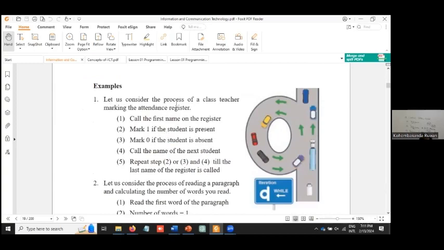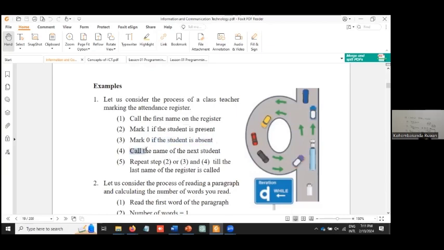Let us consider the process of a class teacher marking the attendance register. Step 1, call the first name on the register. Second, mark 1 if the student is present. Third, mark 0 if the student is absent.